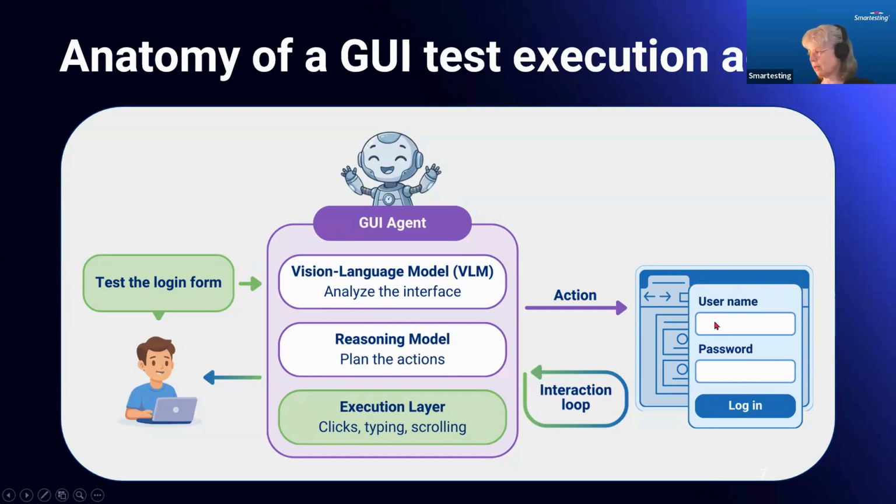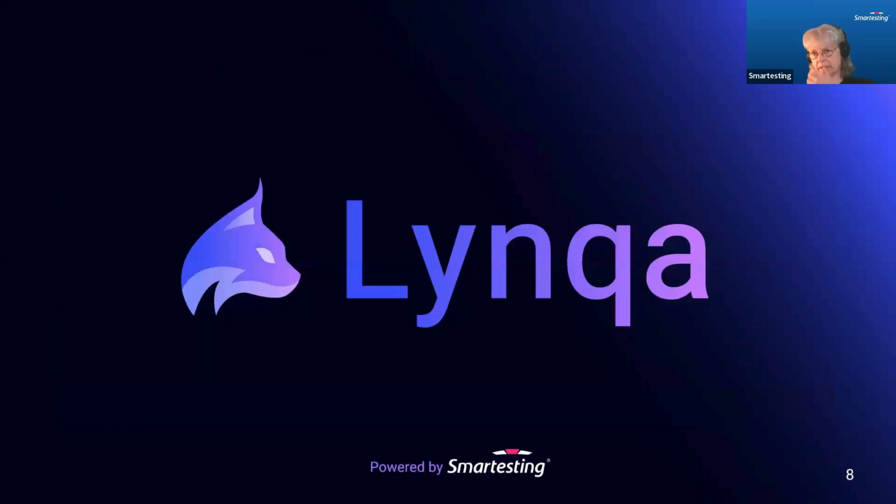So there is a mechanism that only sends placeholders to the LLM, and only at execution are these sensitive data replaced by their concrete values. So that's the idea.